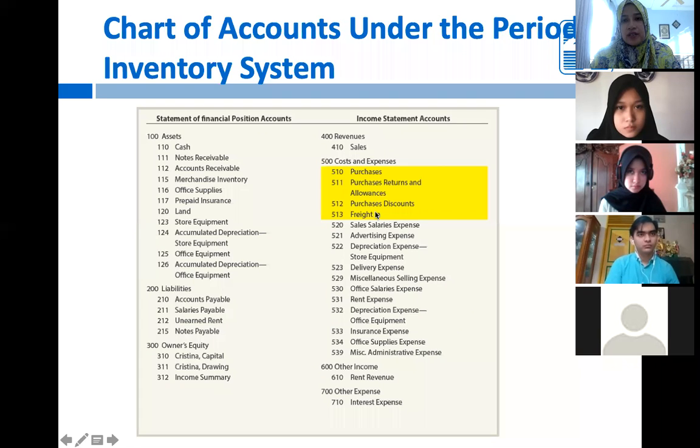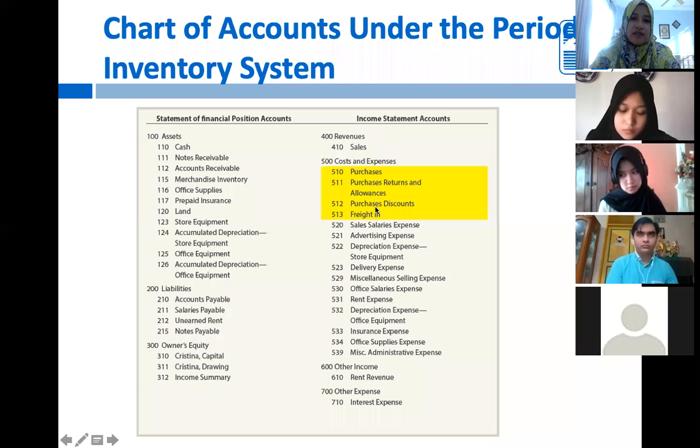If you see the chart of accounts under the periodic system, we have purchases, purchase return and allowances, purchase discount, and freight in. Freight in is the transportation cost. So forget about the merchandise inventory account.